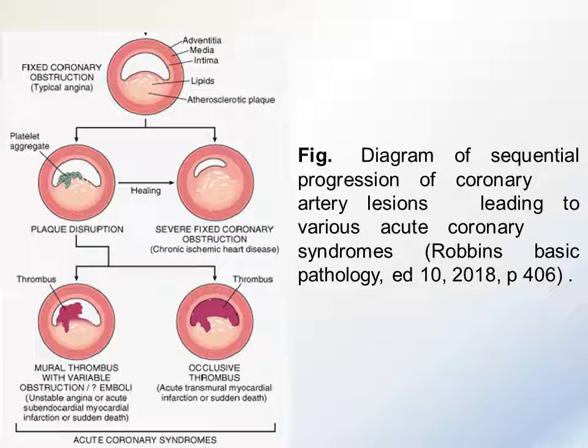In addition, hemorrhage into the core of the plaques can expand plaque volume, thereby acutely exacerbating the degree of luminal occlusion.